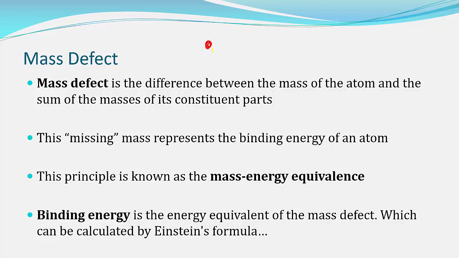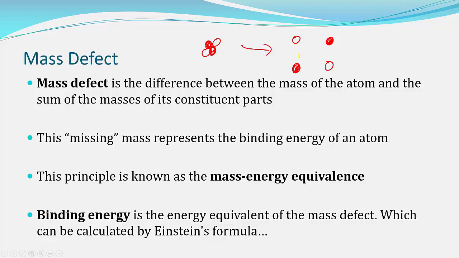If I have my helium atom sitting here and I want to get to its components, then remember that these components actually have more mass than what it has over here. So I need to somehow add mass, or add energy, to separate it out. That's why sometimes the binding energy is called the separation energy, because this will not actually move into its components until I can somehow make up that mass defect.